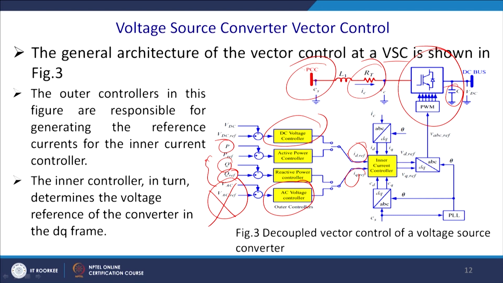Similarly, once you are maintaining the DC bus voltage first, that is your first task, and then only you go for controlling the current, and it may be time shared also, time division multiplexing. So this switch sometimes will maintain the DC bus voltage, and sometimes it will help you restore the reactive power, and the same way this is also possible.